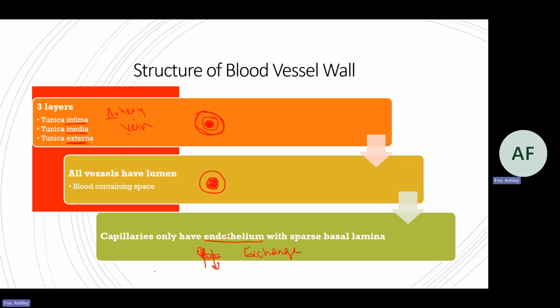It would take a lot longer and be a lot more difficult if we had tons and tons of layers of cells to go through. So that's why capillaries are different. If you had to go through this much, it takes a lot more effort versus going through that. So it's again the same thing: it's easier to cross the street than run a mile, and you're going to get there faster if you're just crossing the street versus a mile down the street.